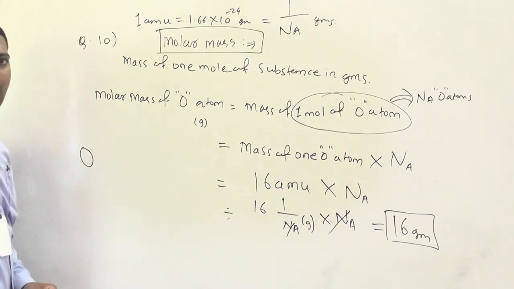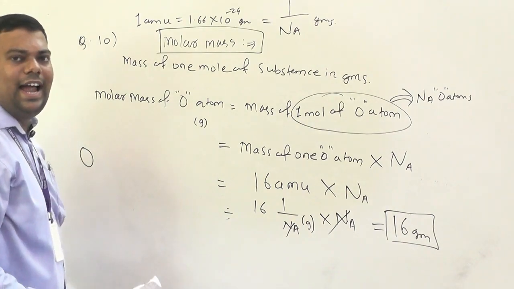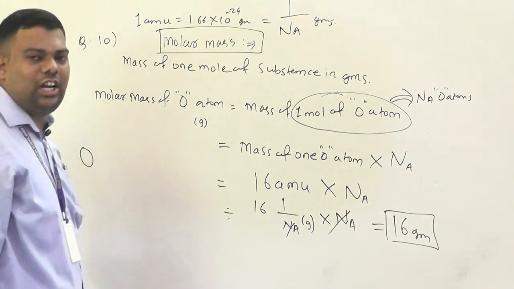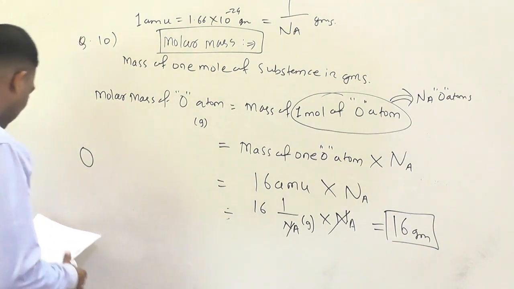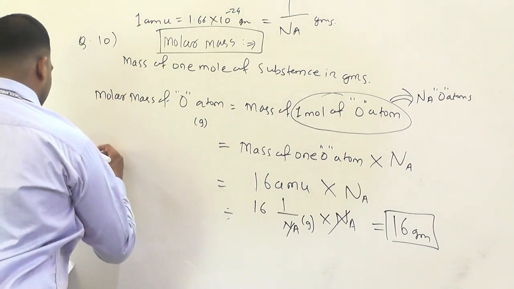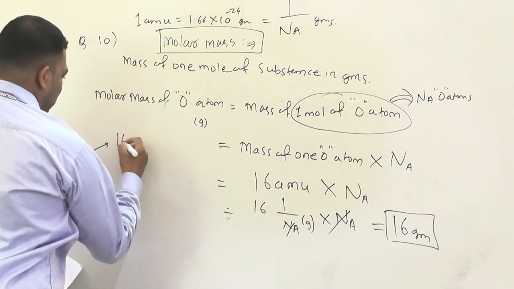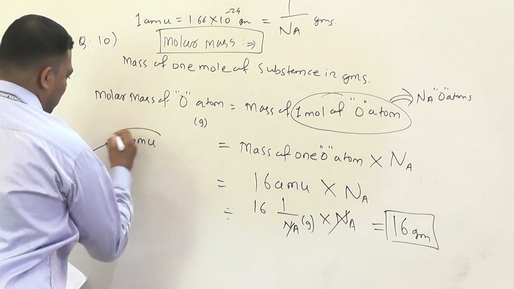So here, mass of one oxygen atom and molar mass of one oxygen atom, there is a difference. Say the mass of one oxygen atom is 16 AMU.